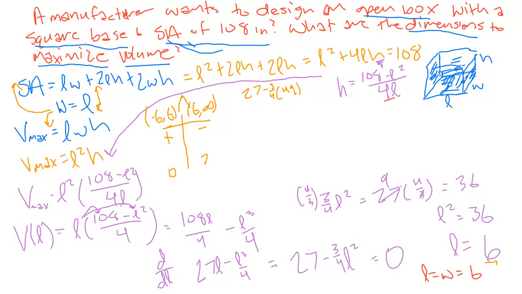So we get H is equal to 108 minus 36 over 4 times 6. 108 minus 36 is going to be equal to 72 over 24, which is going to be 3. So therefore, our dimensions of our box are going to be 6 inches by 6 inches by 3 inches.